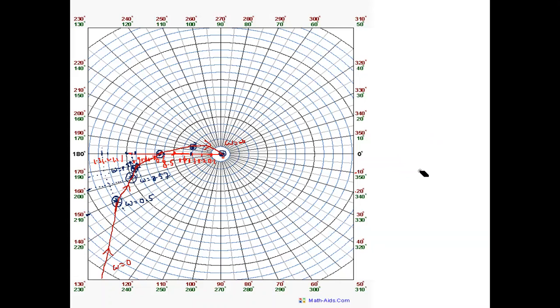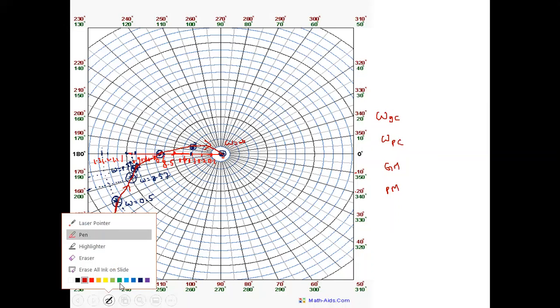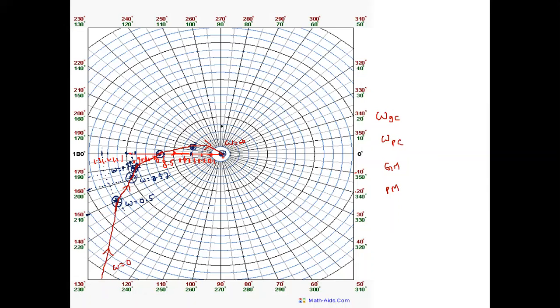From this, if you want to find the gain crossover frequency, phase crossover frequency, gain margin and phase margin, the procedure is this. Using the table, you taught us that day, sir.